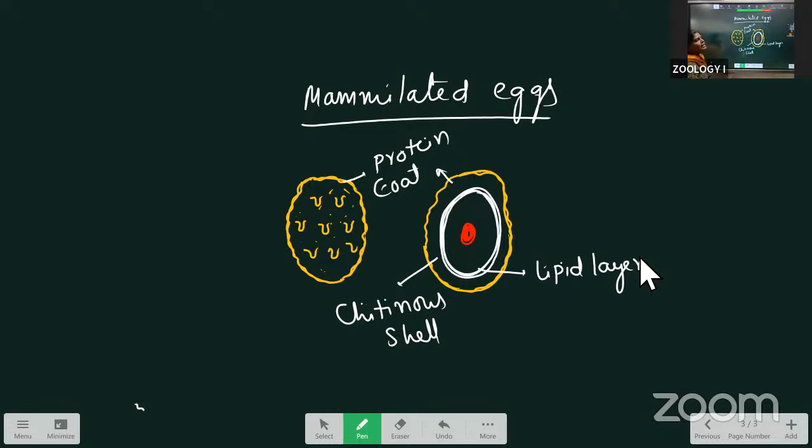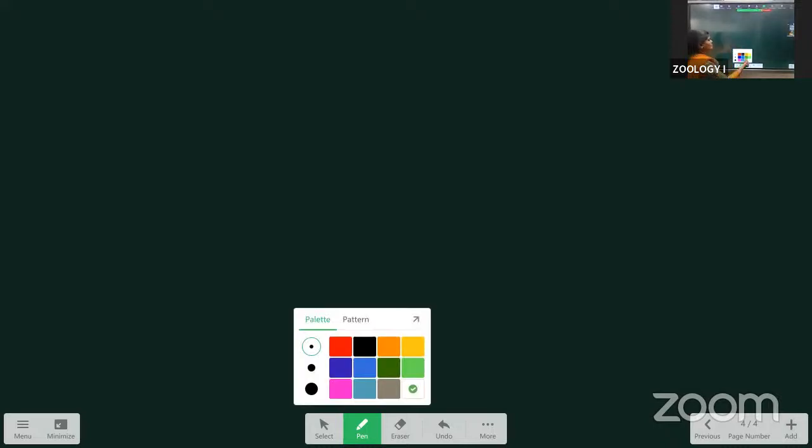Next, we are going to discuss the life cycle. Start the life cycle. I am drawing it small because the board is not sufficient.